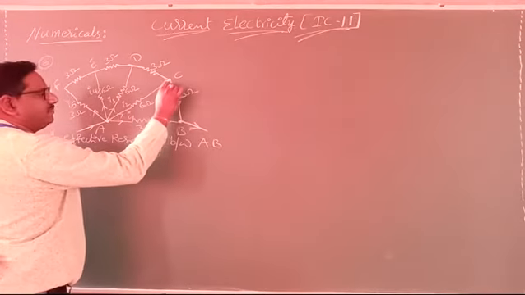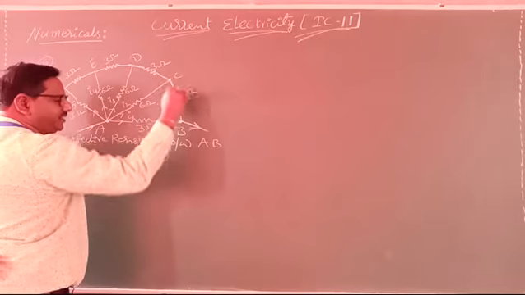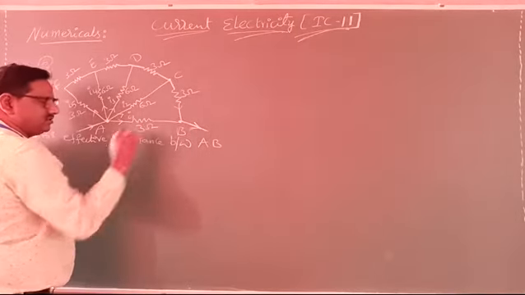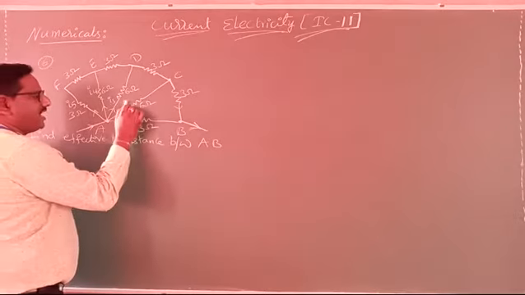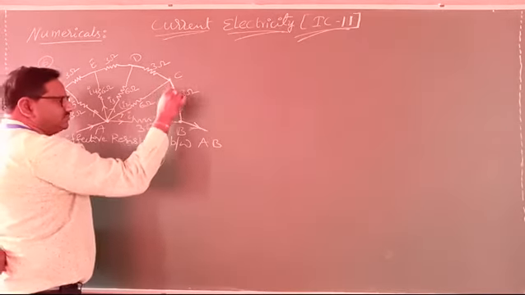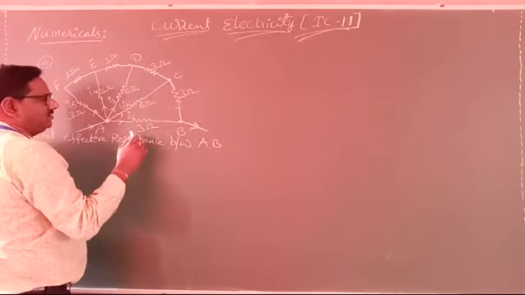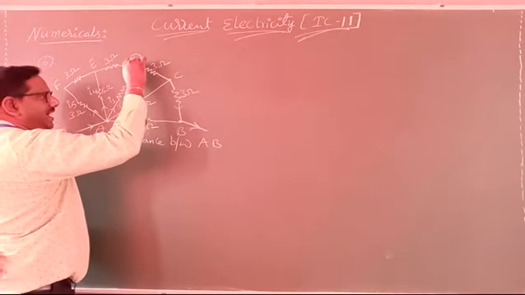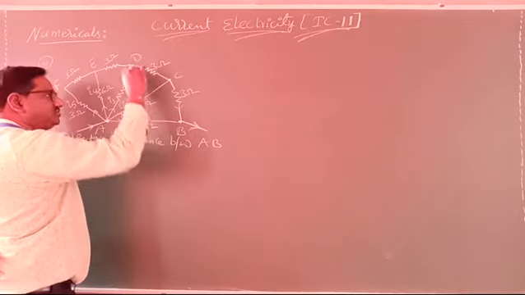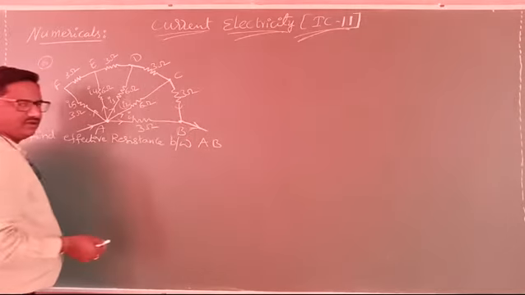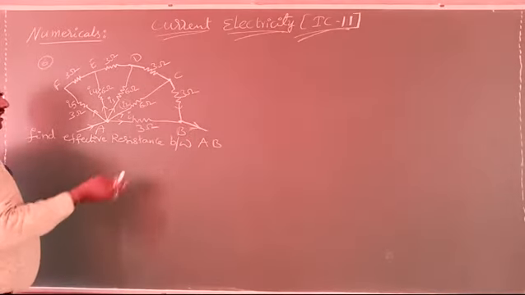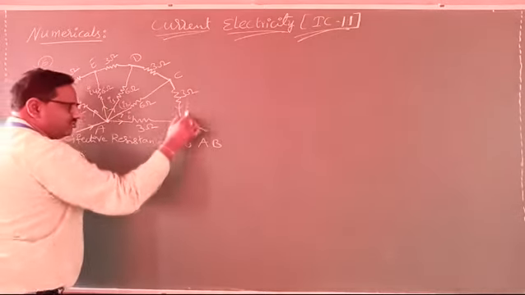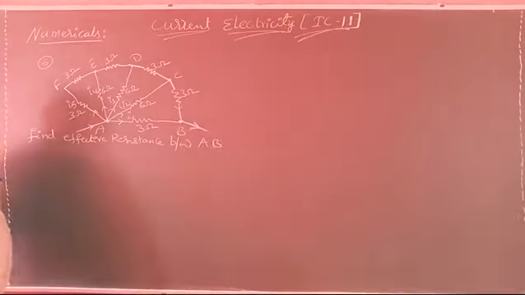If the current passes here, from this point the current will reach here, so the current will come in this direction. Here the current I2 must come along the 3 ohm resistor. Here I3 will also come to point D and then reach point B. Similarly, I4 will come to point E and go towards B. Why?